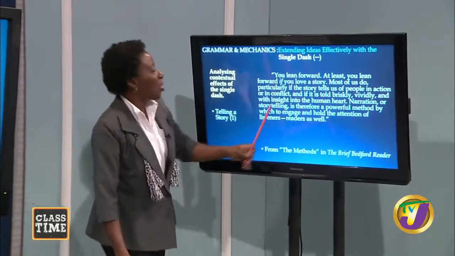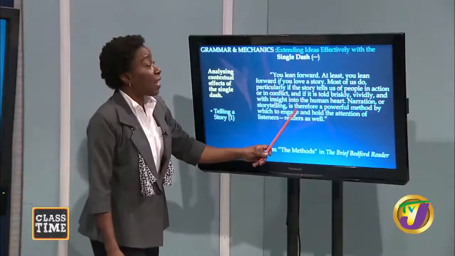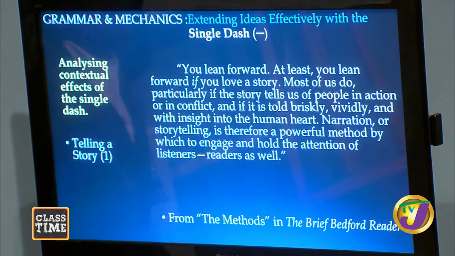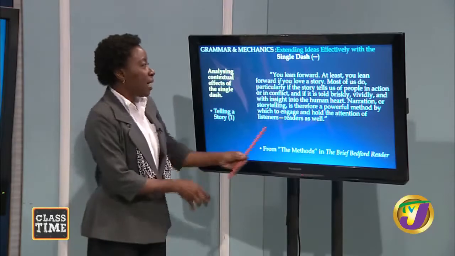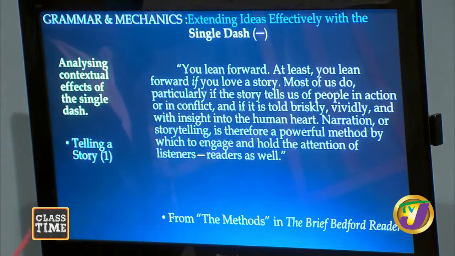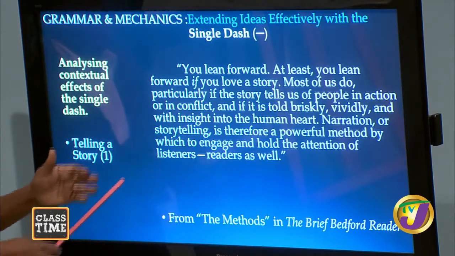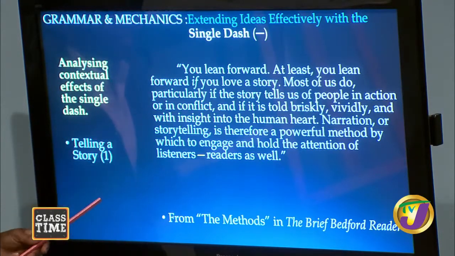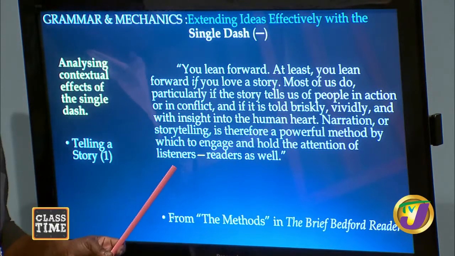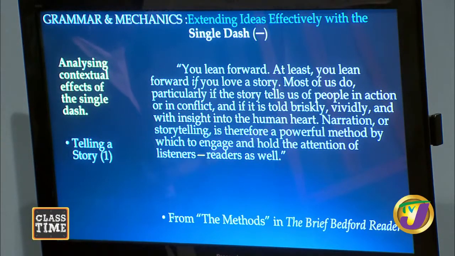Okay then, narration or storytelling is therefore a powerful method by which to engage and hold the attention of listeners, readers as well. So here is the dash, a very important function. So in writing a story, this little extract is telling us that we must be careful to hold the reader. And there are different things that we would do to get that done.